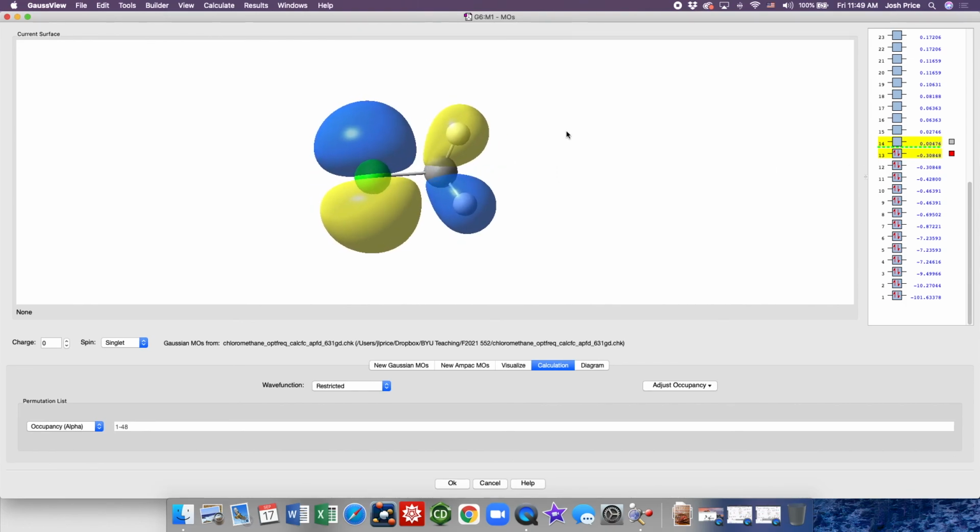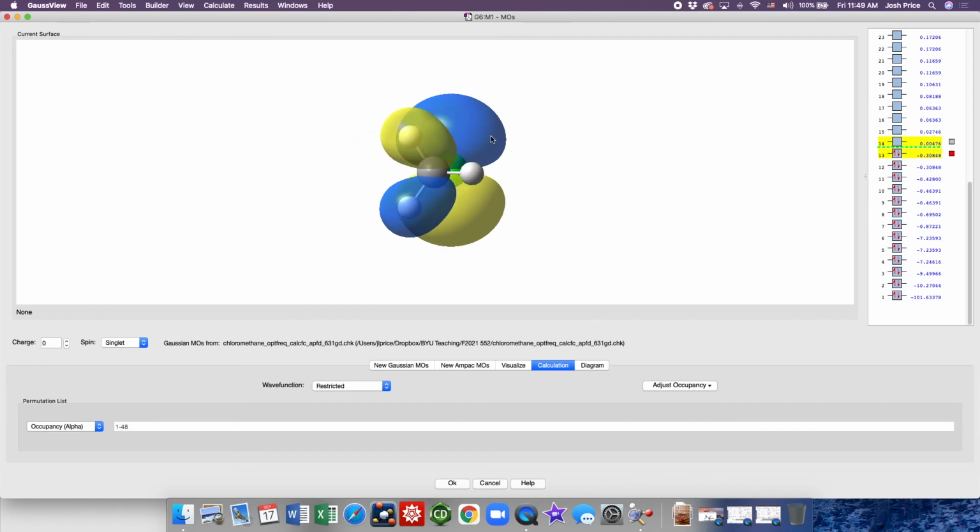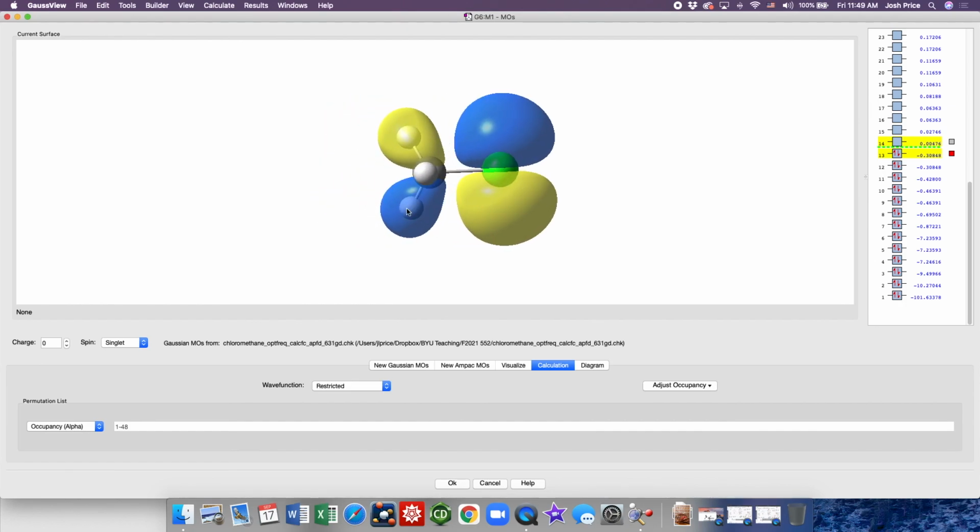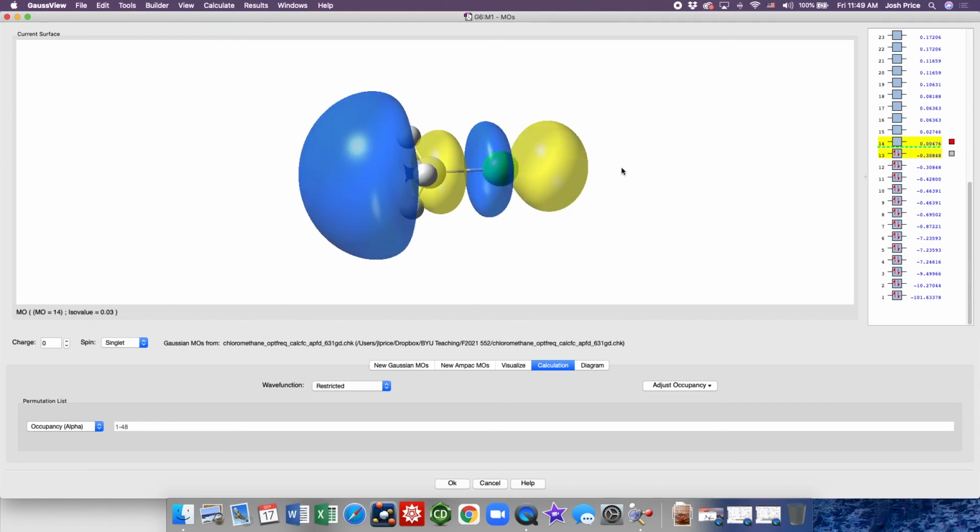The highest energy orbital we get from overlap of one of the pi CH3s with one of the p orbitals on chlorine, and this is the out of phase combination. The LUMO, the lowest energy one, is the out of phase combination of the sigma out with one of the p orbitals on chlorine.